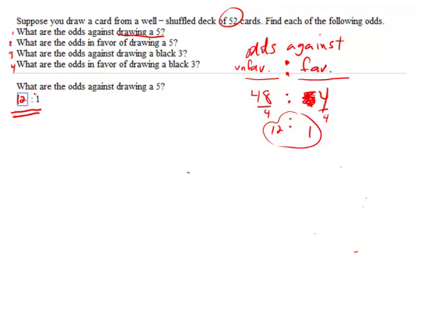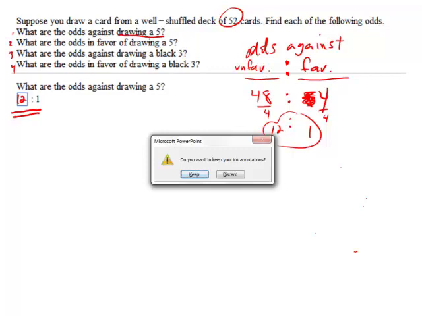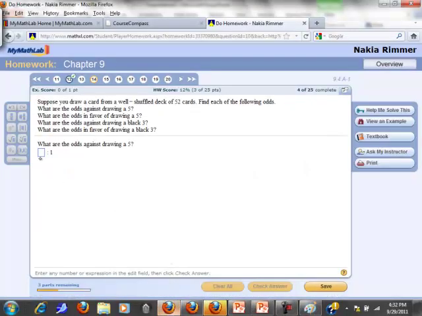Just double check. Well done. Well, if you're 12 to 1 against, then you're 1 to 12 in favor.